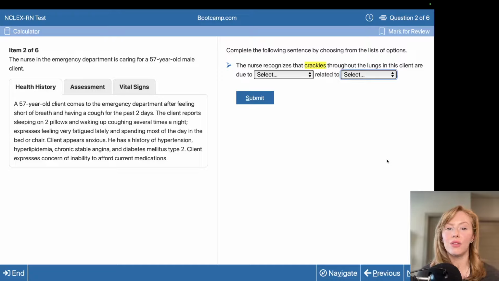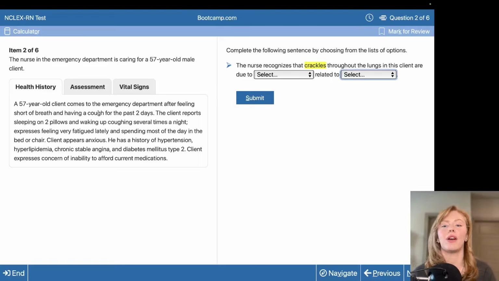So although he's at risk for this, if you ever hear that snap, crackle, pop in your patient's lungs, you can ask them to cough, and that's going to clear those. So if your crackles clear with coughing, say that 3 times fast, then you know that they were probably due to atelectasis.